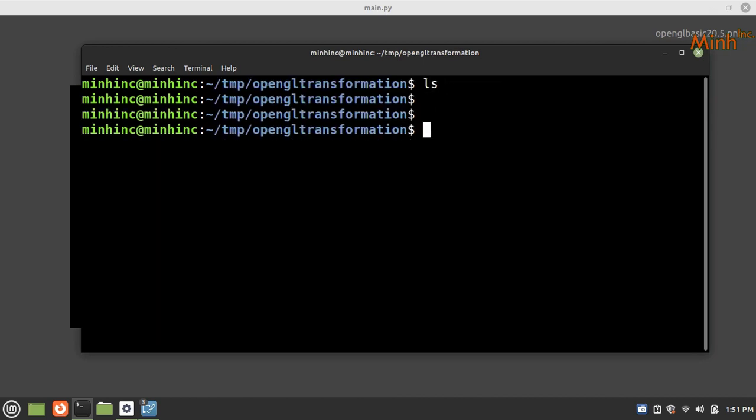Okay, so the directory is empty. We'll have a file called OpenGL transformation stages .py.